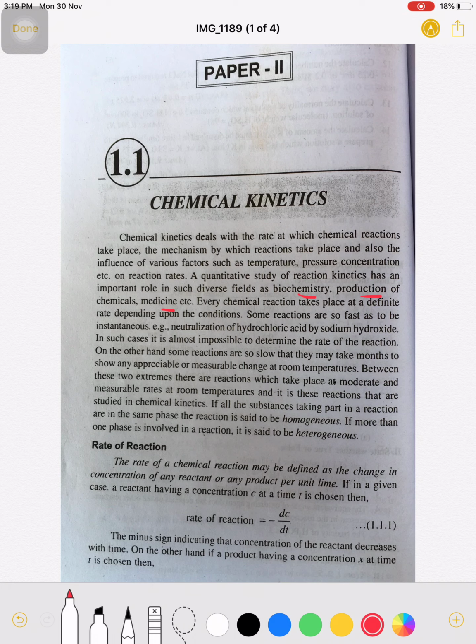In the field of biochemistry, in the production of chemicals, in the study of medicines, we must know exactly about the kinetics of such reactions in the body also. Every chemical reaction takes place at a definite rate depending upon the conditions. If you think about the different chemical reactions taking place in our body, after eating, after some time the food gets digested.